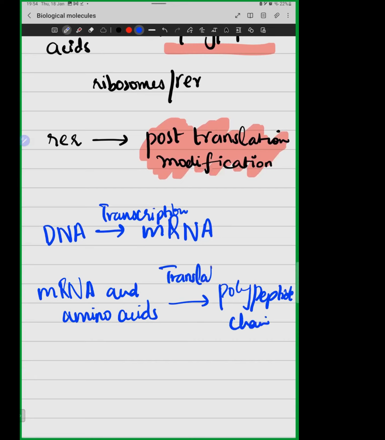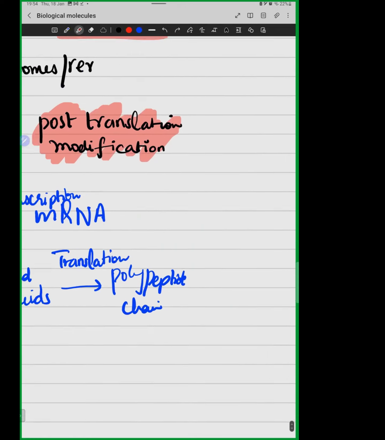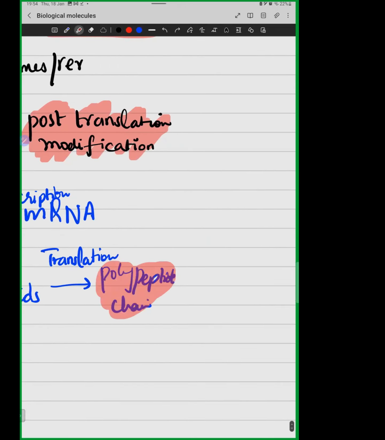At the end of this, we have the complete protein synthesis process. At the end of protein synthesis, what do you have? You have a polypeptide chain.